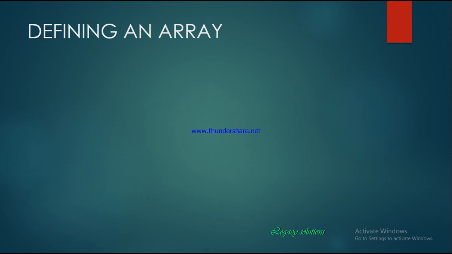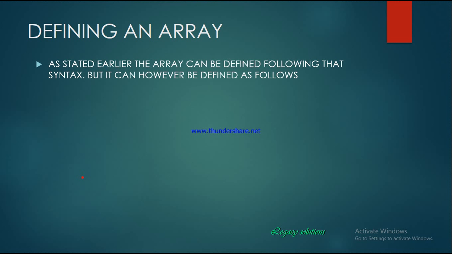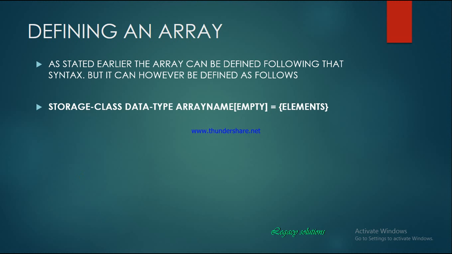Now you have different ways of defining an array. You can define it the way it is stated earlier, but you can also define it as a storage class followed by data type, followed by the array name, but then you have your square brackets empty. This time around you won't specify the number of elements, but you can specify the elements you want in these empty square brackets.